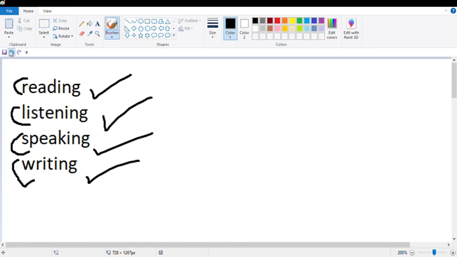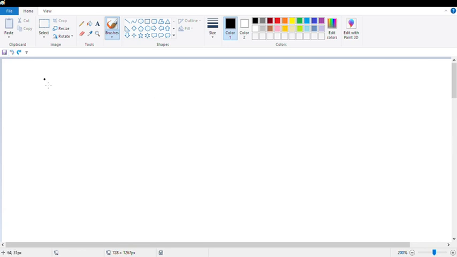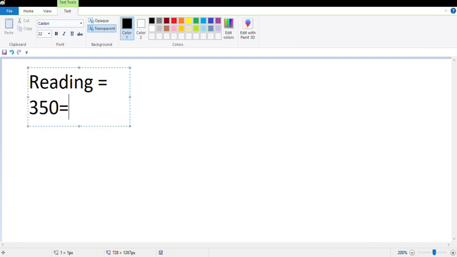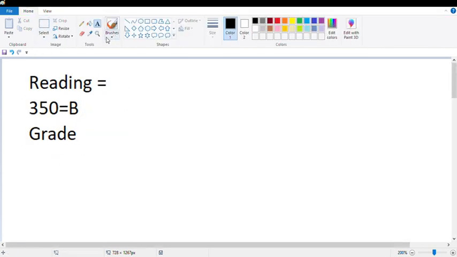First we will discuss reading. Reading is equal to 350, which is equal to B grade. What is the meaning of this?